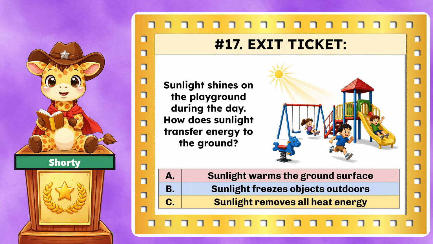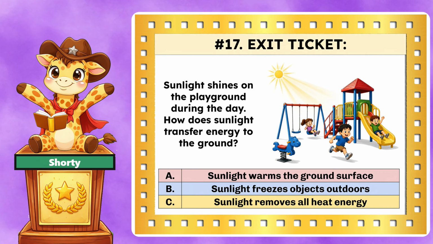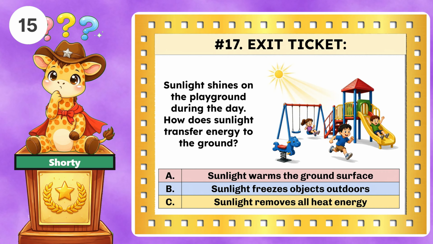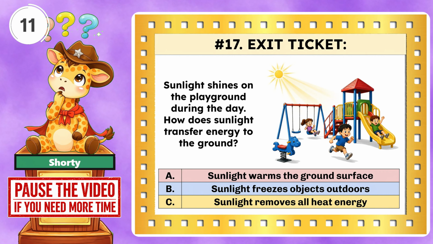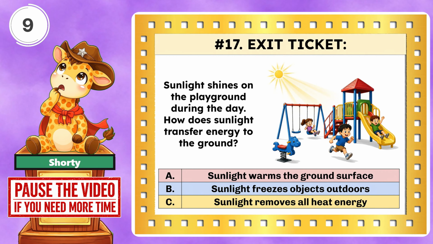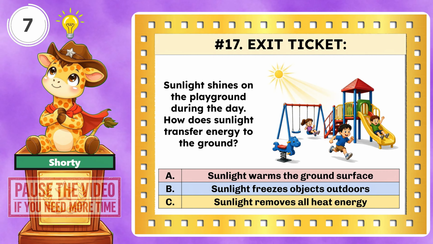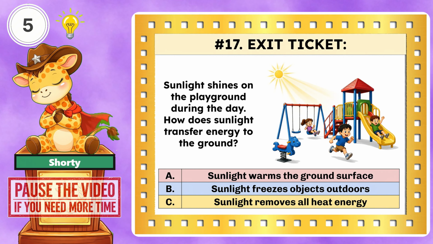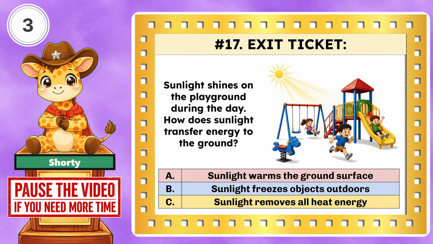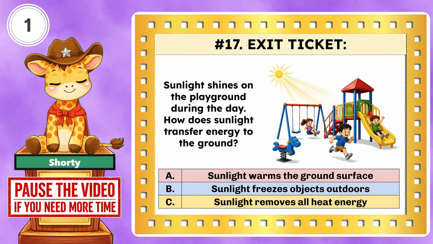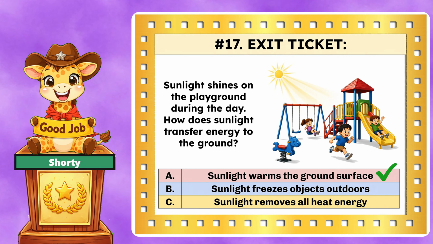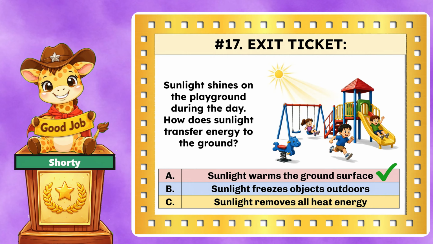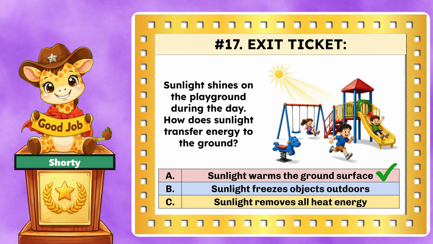Sunlight shines on the playground during the day. How does sunlight transfer energy to the ground? And the correct answer is letter A, sunlight warms the ground surface.